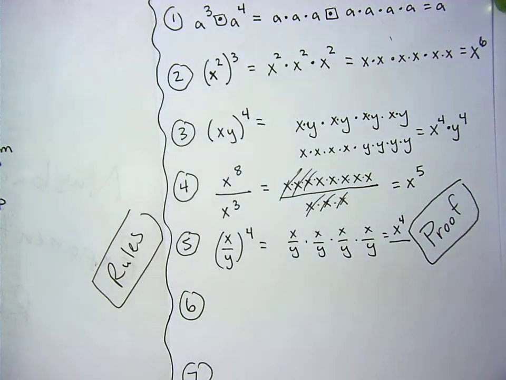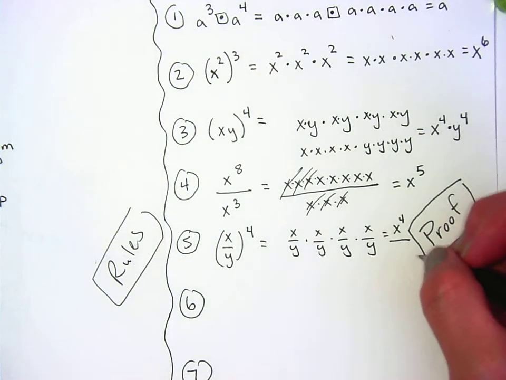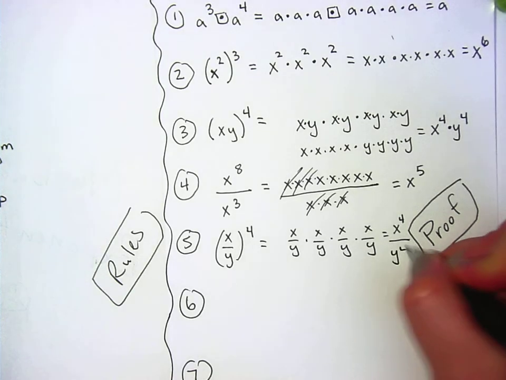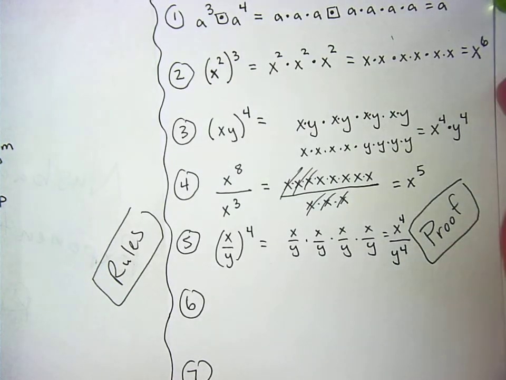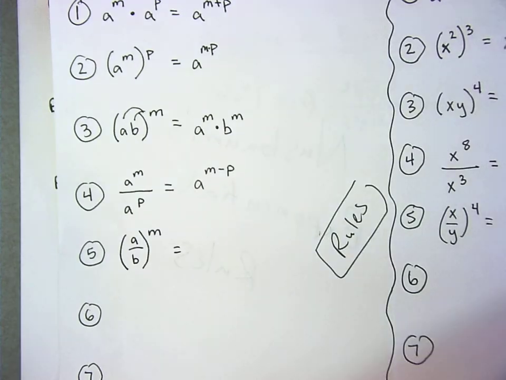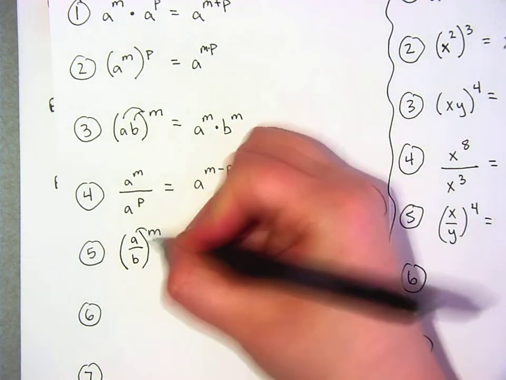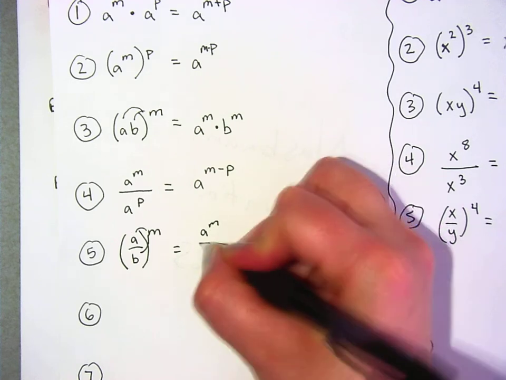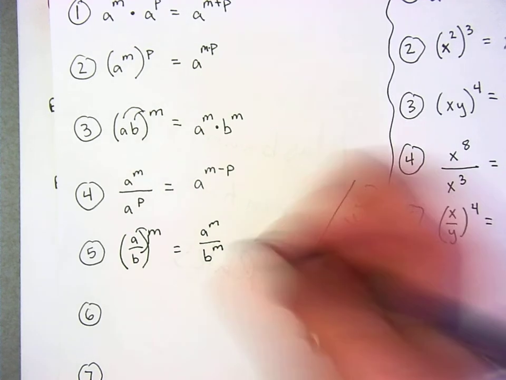So make sure you say to the or to the power of or whatever. Quadruple does not go for powers. And this is y to the 4th on the bottom. All right, so what's the rule? The exponent goes above the top and the bottom. Right, so it kind of goes to both of them. That would be a to the m over b to the m.